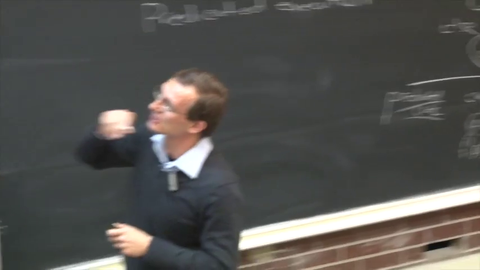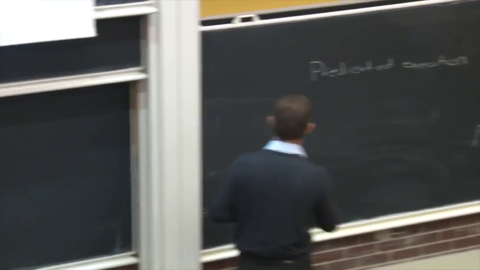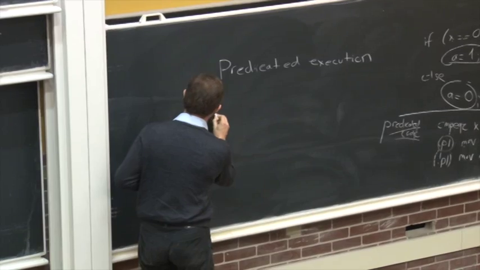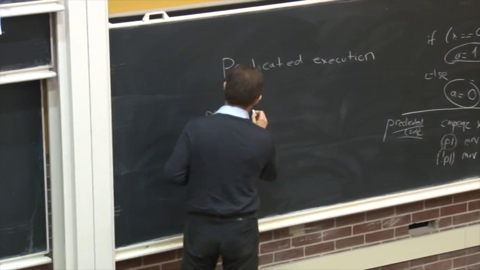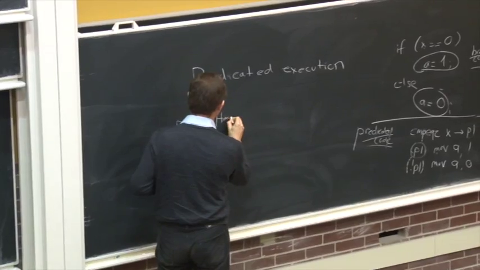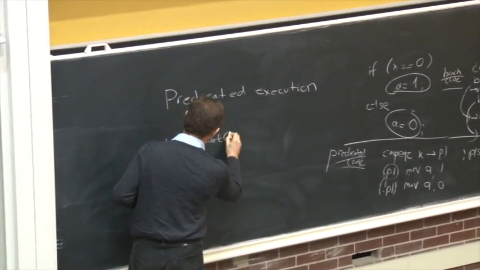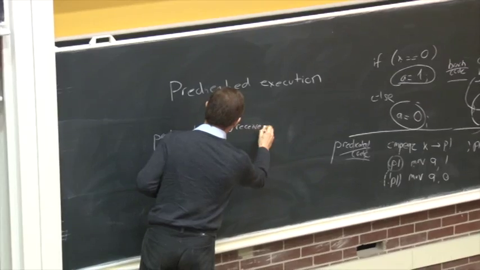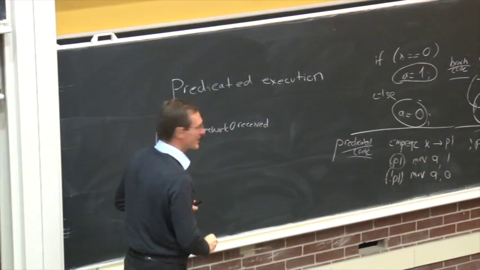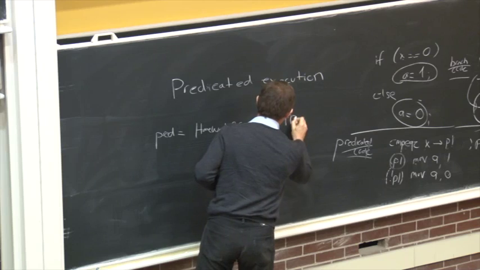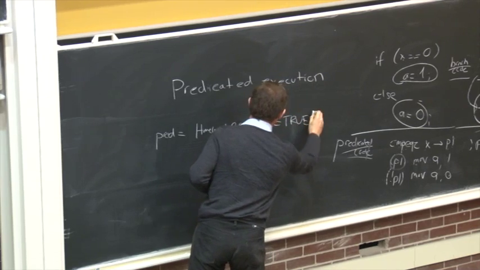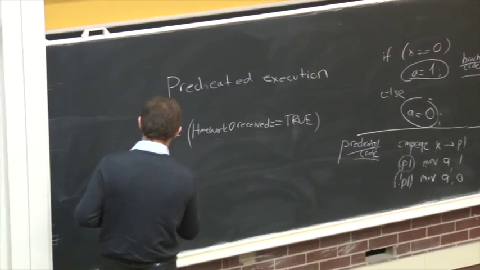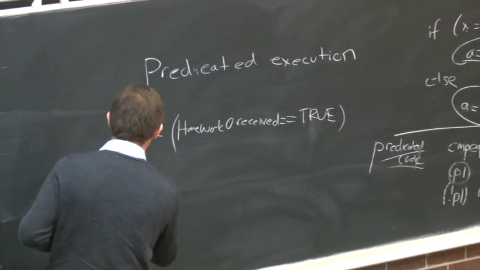I guess if we have to do this, our predicate will be homework received. We'll set the predicate. If this is true, what will your grade be then? Let's see.